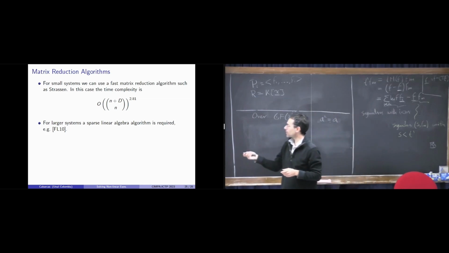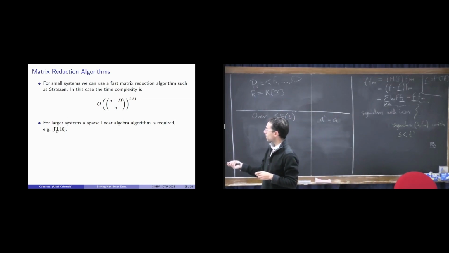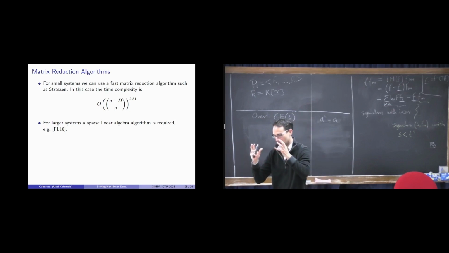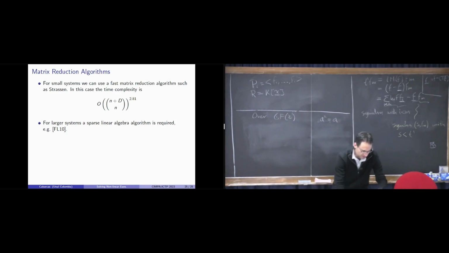And here I give an example of one in this citation, L10, where they design a sparse linear algebra algorithm specifically for the structure of the F4 algorithm. So these matrices have a very particular structure. Maybe I can show you one, just as an example.